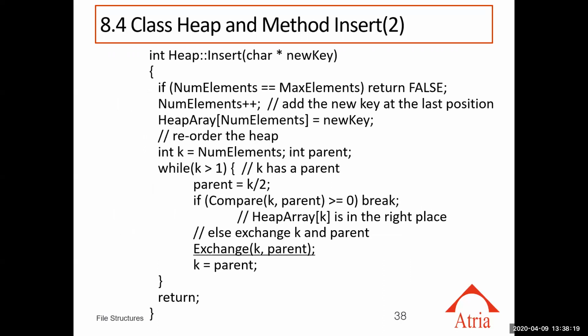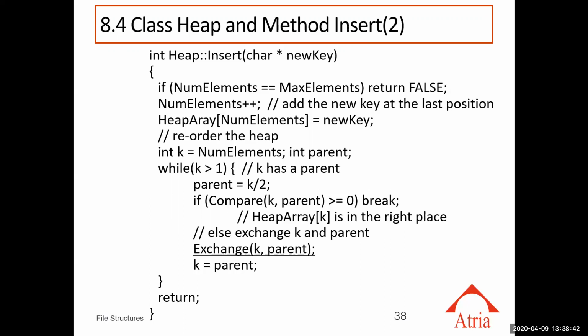Now we'll see how exactly the insert function works. We have an insert function where new key is the parameter we pass, the new node we have to insert into the existing heap tree. If number element and maximum elements are equal, then it is not possible to add a new element to the tree, because the tree is full.